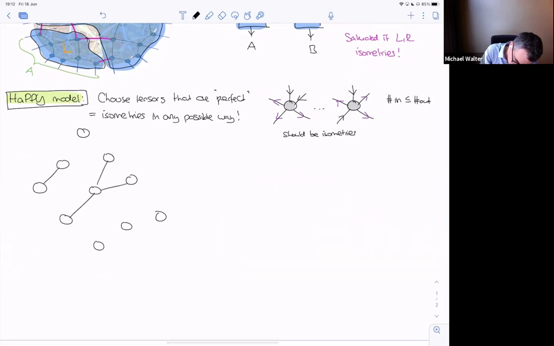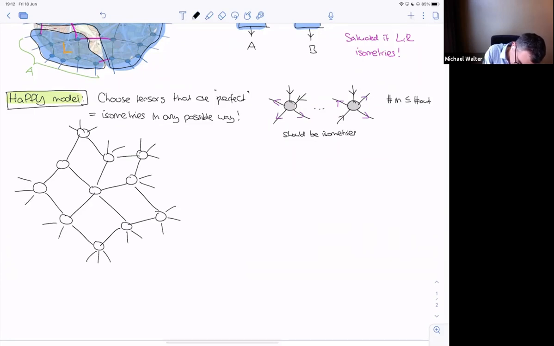Maybe like so, and maybe they all have 5 legs. Sorry, all the pictures will again be in my write-up.